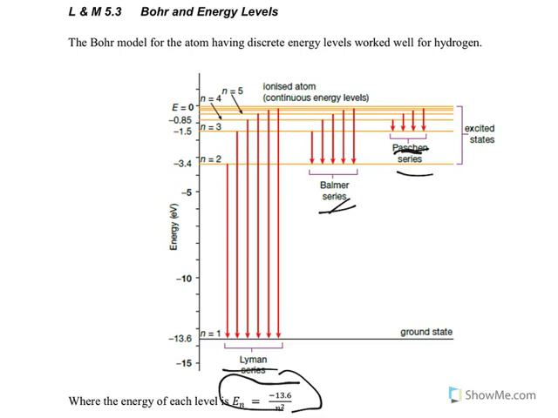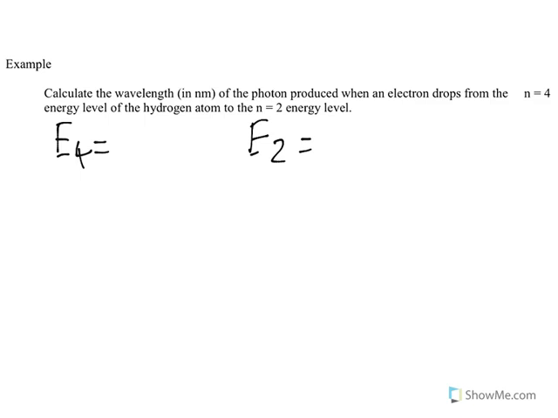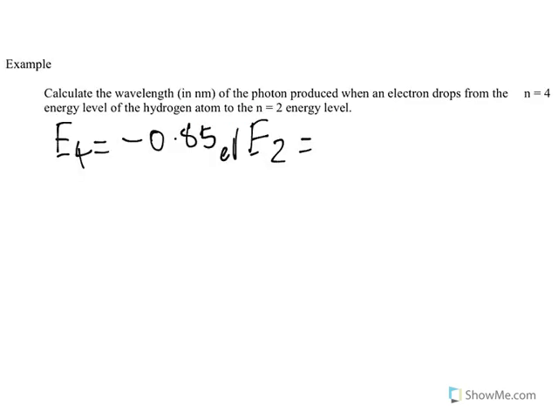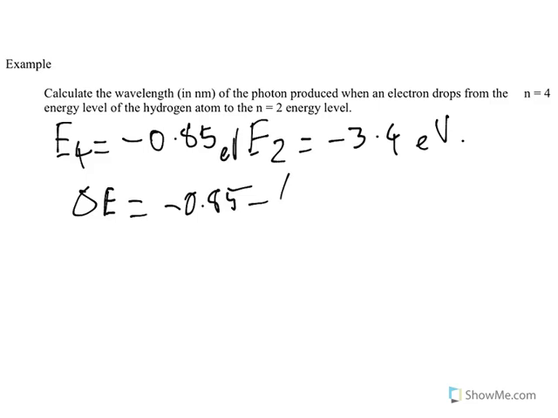Level 4 is negative 0.85 eV. Level 2, n equal to 2, is negative 3.4 electron volts. So the change in the energy, which will be the energy of the photon, is negative 0.85 minus negative 3.4, which is 2.55 electron volts.